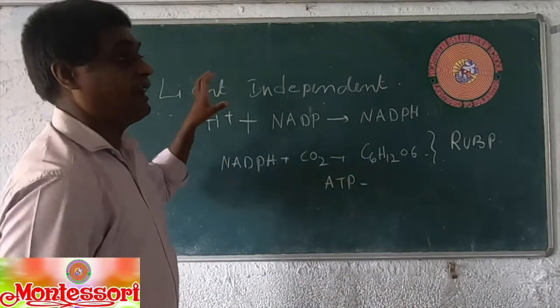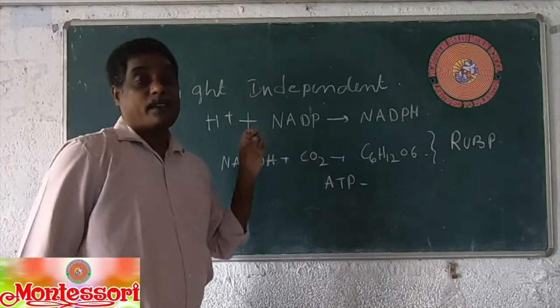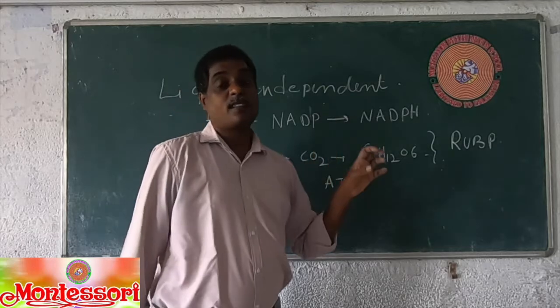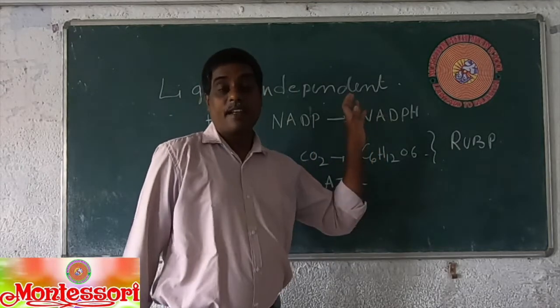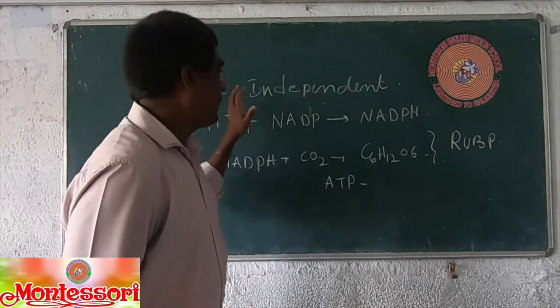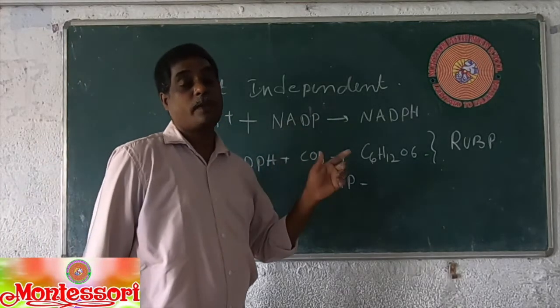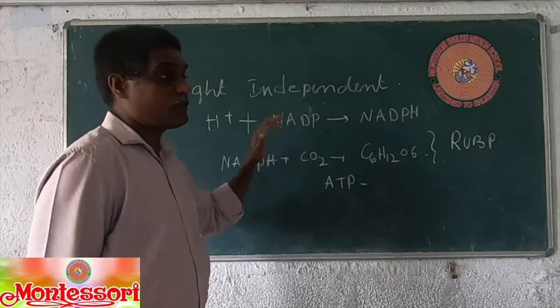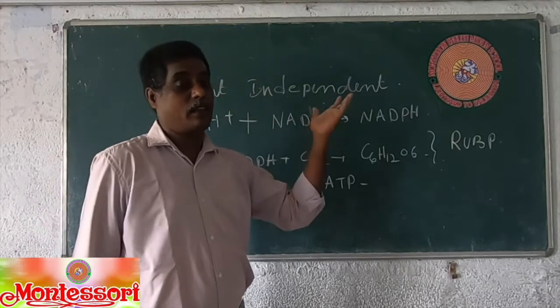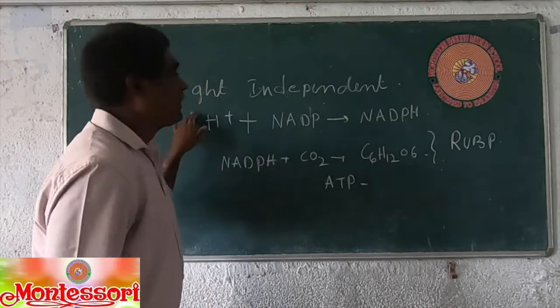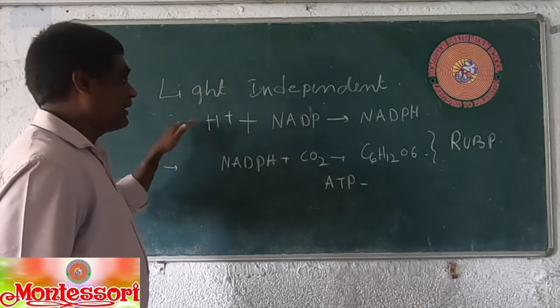When you observe the light independent reactions, the presence of light is not required. It utilizes the energy produced from the light dependent reactions, in which the water molecules split into OH minus and H plus ions. The OH minus ions are utilized by the light dependent reactions, and the H plus ions are utilized in the light independent reactions.